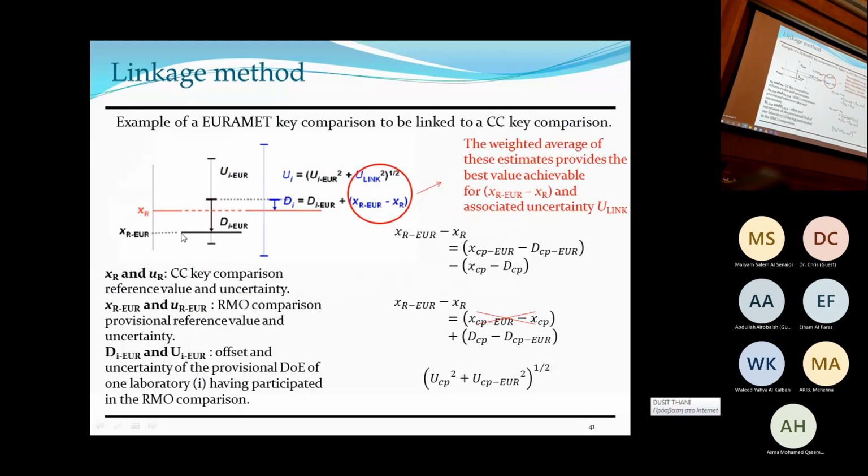First we have XR and an uncertainty associated with it, which is the CC key comparison reference value and uncertainty. So this red line here is the CC key comparison. This is a comparison that the lab has not participated in. XR,EUR and the associated uncertainty are the RMO comparison provisional reference value and uncertainty. So this is here. That's the value.